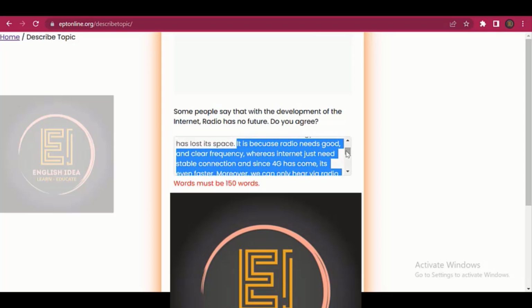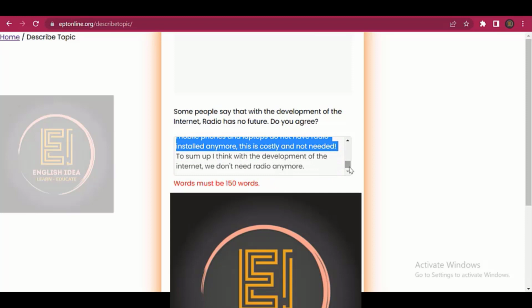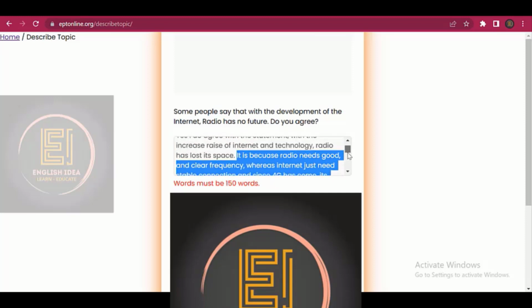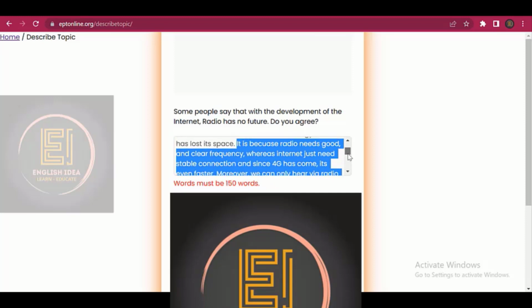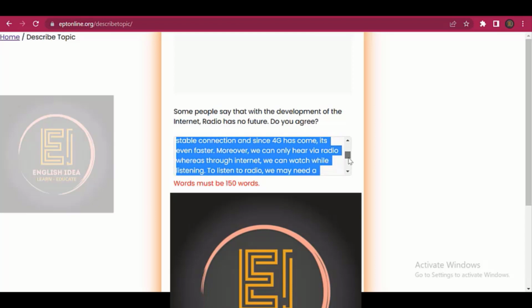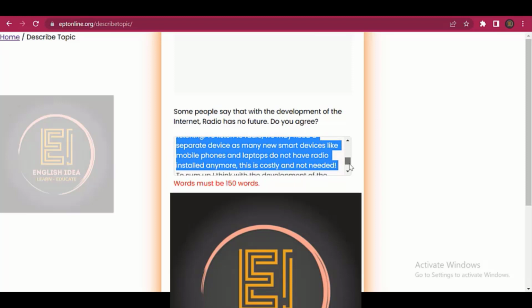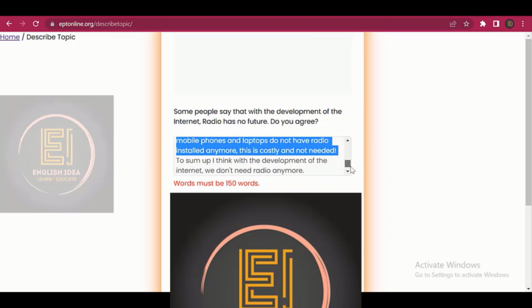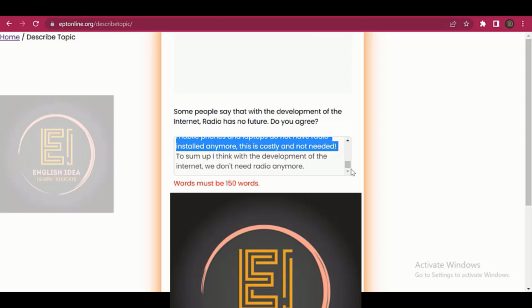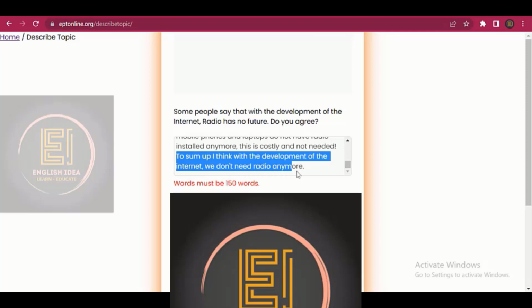I have compared internet and radio. And this is my concluding sentence.